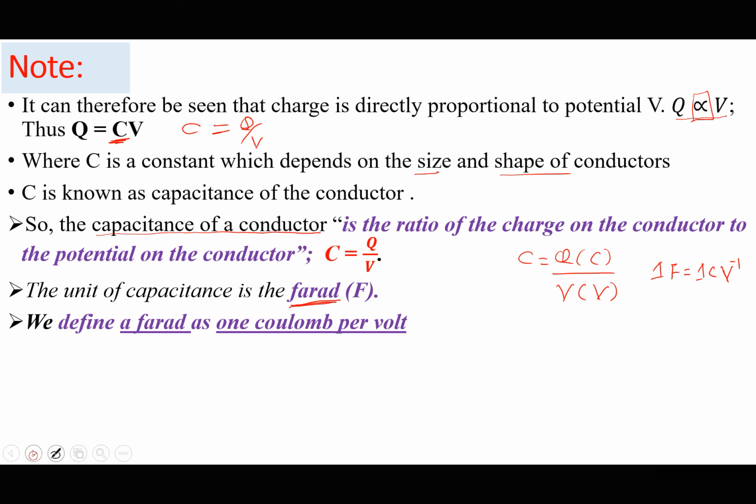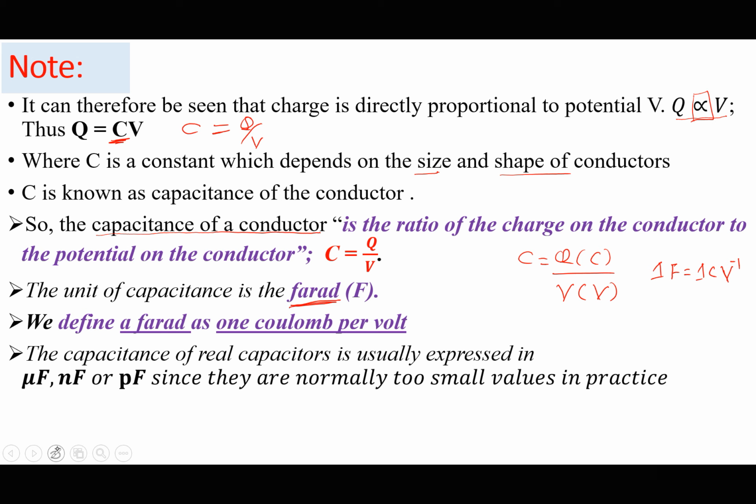One important thing we need to note is that the capacitance of real capacitors that we shall be talking about is usually expressed in microfarads, nanofarads, picofarads, because they are normally too small values. If you check in your laboratory, you may have found some of these capacitors, and they have been labeled mostly microfarads and maybe picofarads.